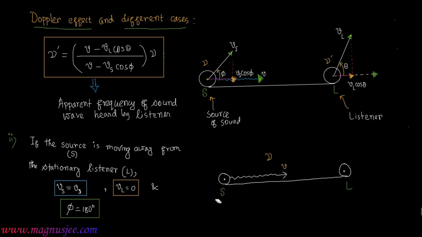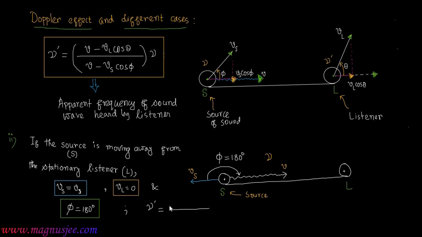In this case the source is moving away from the stationary listener with velocity Vs, and the angle between the direction of motion of the source and the direction of propagation of the sound wave is phi, which is equal to 180 degrees.